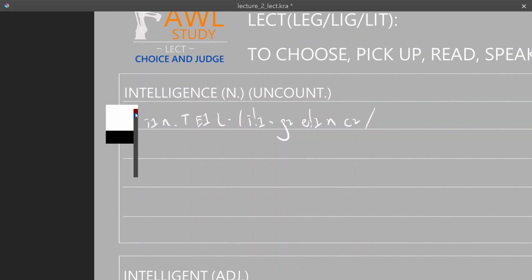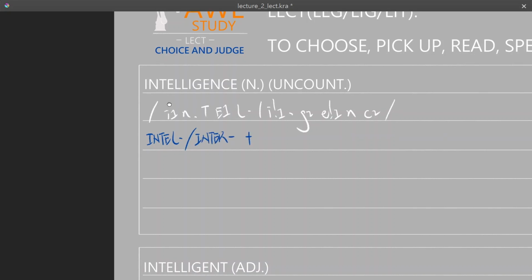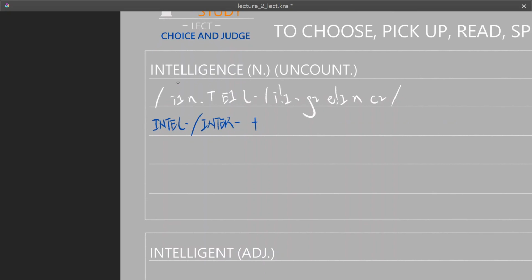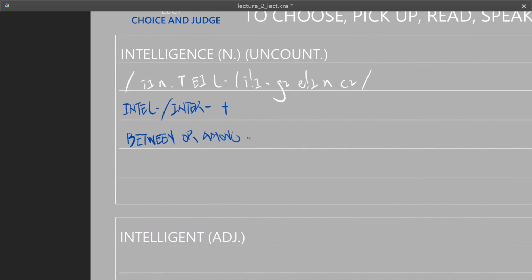And we have the prefix intel, or inter, meaning between or among or together.